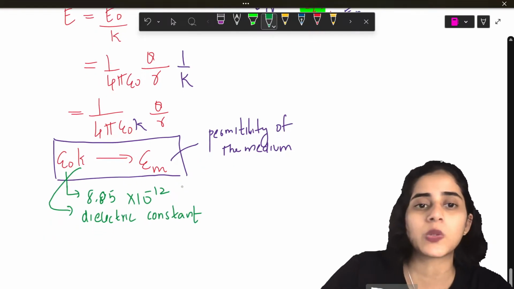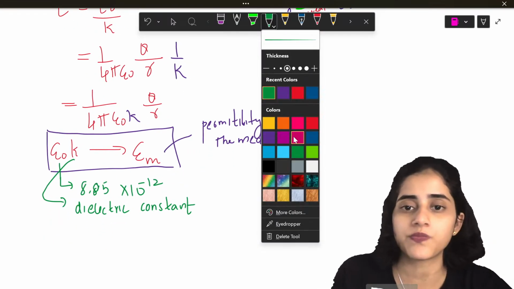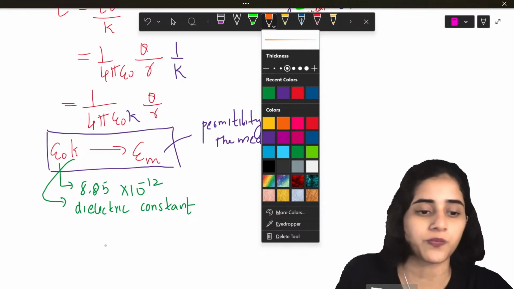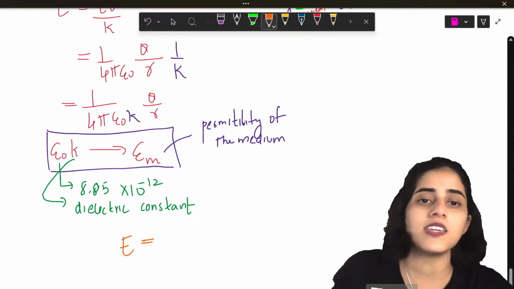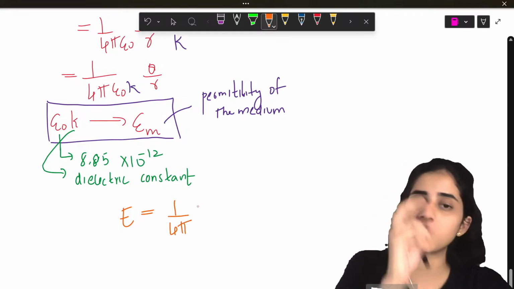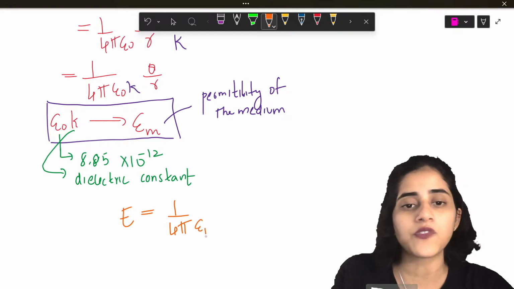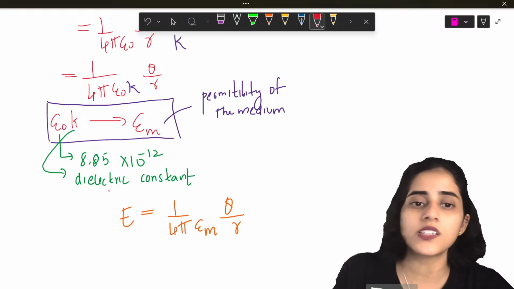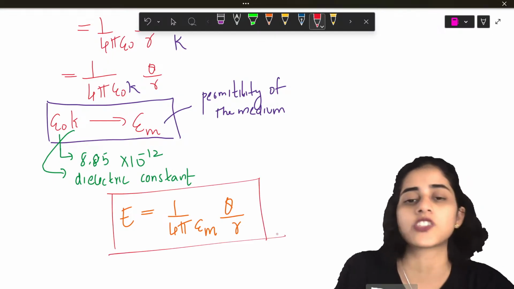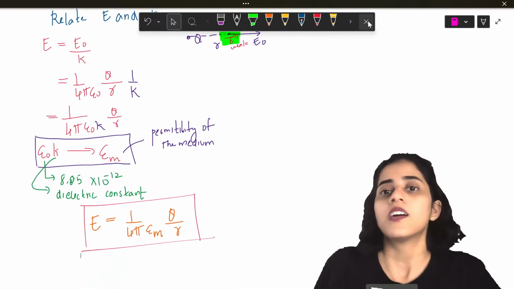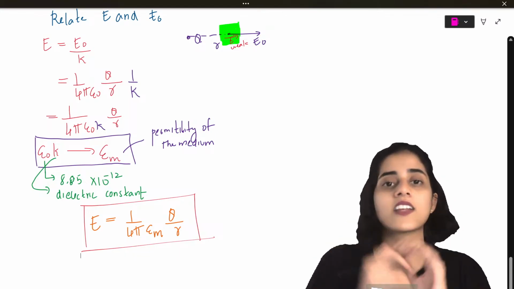Now I can modify my equation. My final equation is, in orange, E is equal to 1 by 4 pi epsilon M, Q by R, instead of epsilon naught K. So this is my new equation for the electric field of a medium which has a dielectric in it.